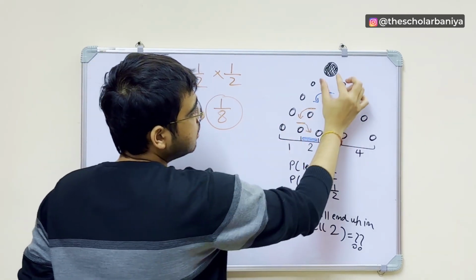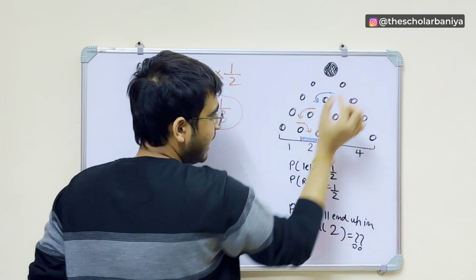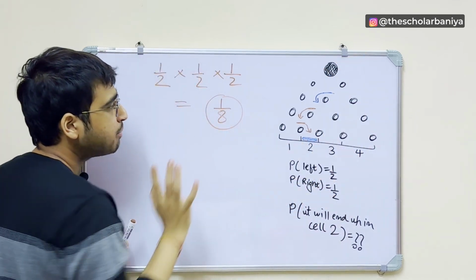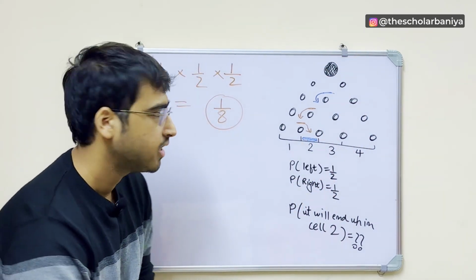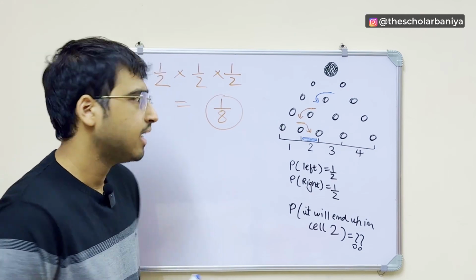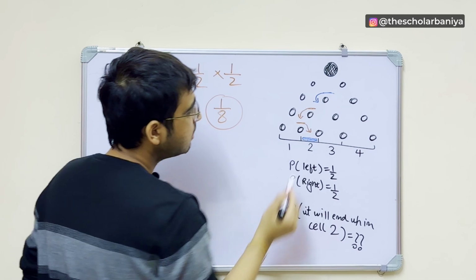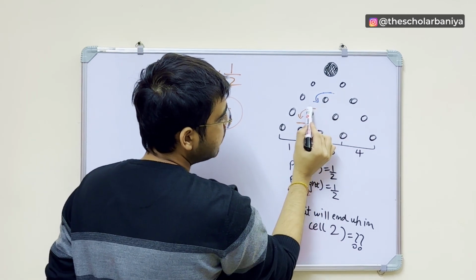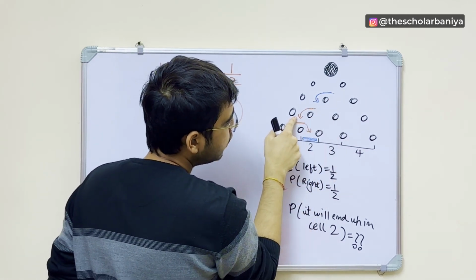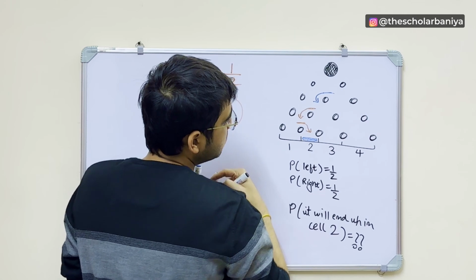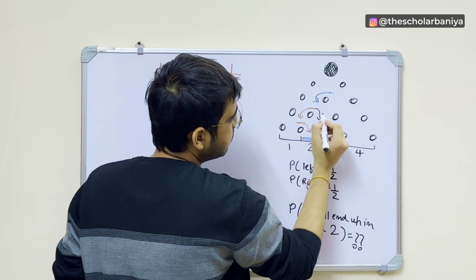Basically, this means the ball which was on the top ended up over here with a probability of 1 upon 8, right? But now tell me one thing, how many such cases can be possible? If you carefully see, the ball went over here, came over here. Now instead of going towards the left, it goes towards the right, over here.